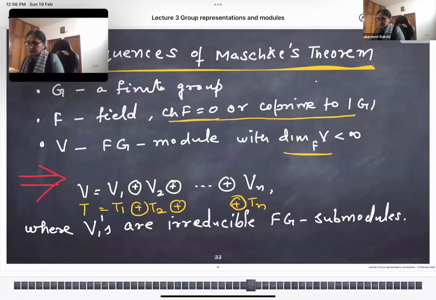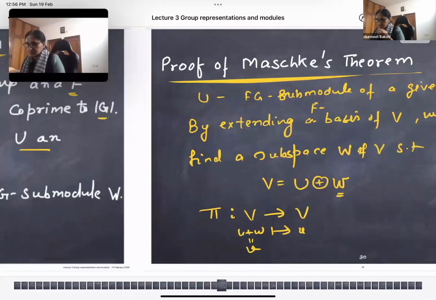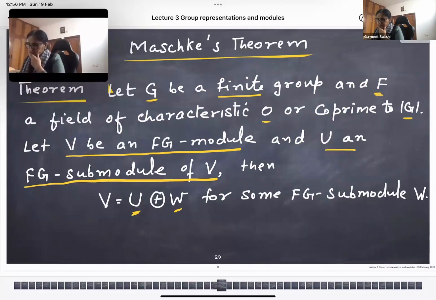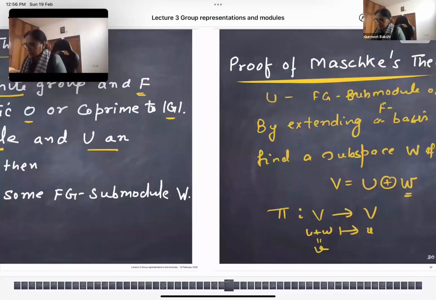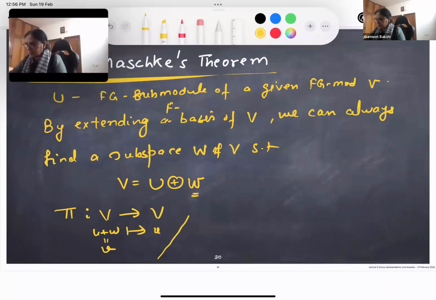So I will try to write it down. If the characteristic is 0 or coprime to the order of G, I said this is a sufficient condition for this to break, but this is also necessary. And just to give you one example, since we just talked about that, maybe I can erase this, or maybe I will write it down somewhere here.